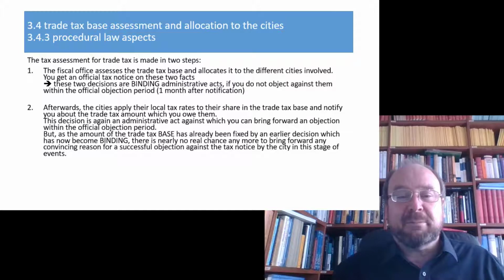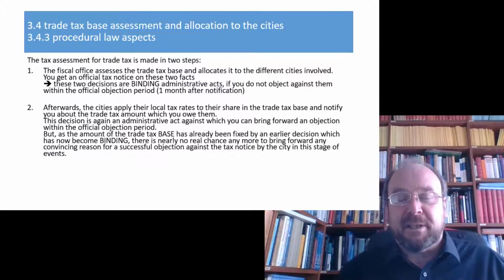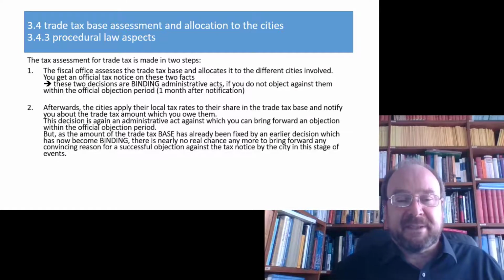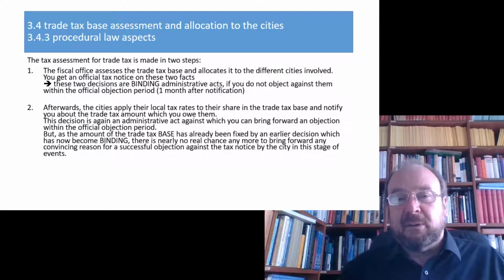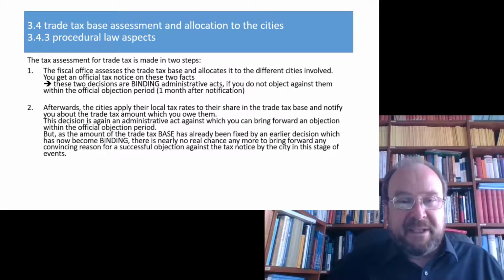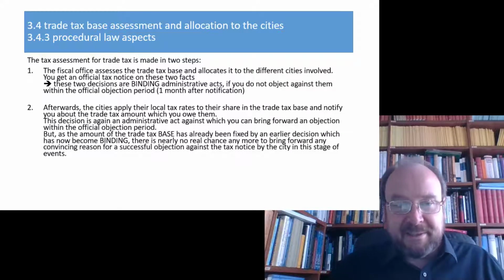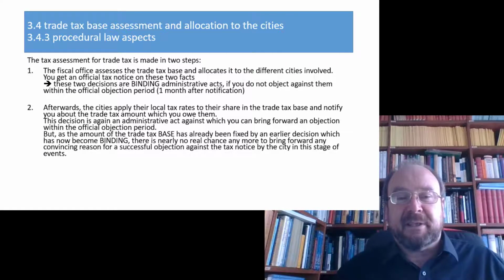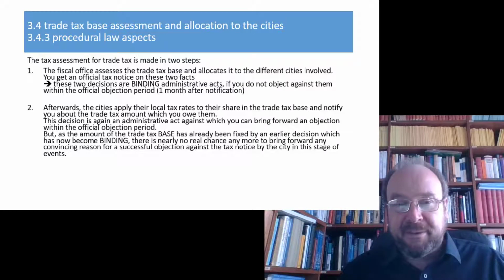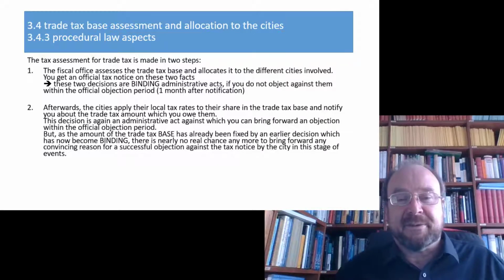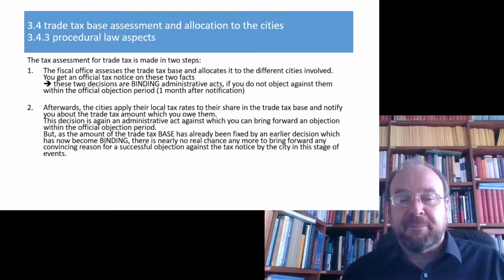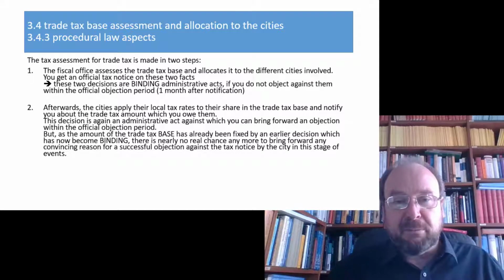So they simply apply their city multiplier to their part of the trade tax base. Now, also this is an administrative act. You can object against it. In this case, you have to file the objection with the city authorities, not the fiscal office, because you have to object always to the authority where the decision comes from. And you have again 1 month of time.